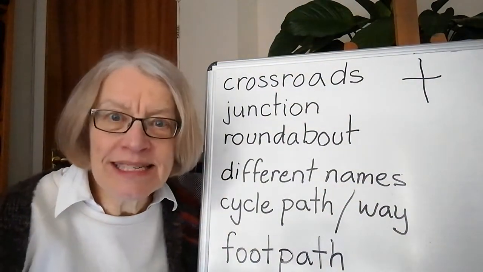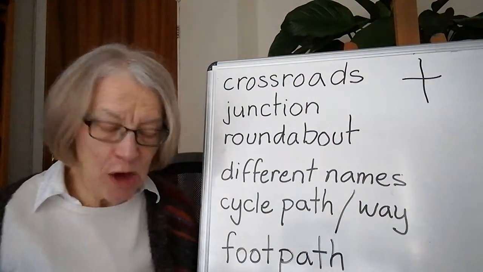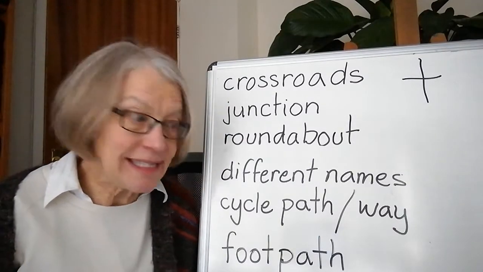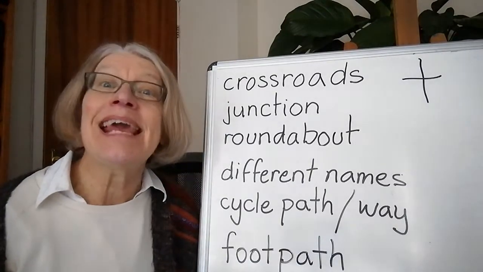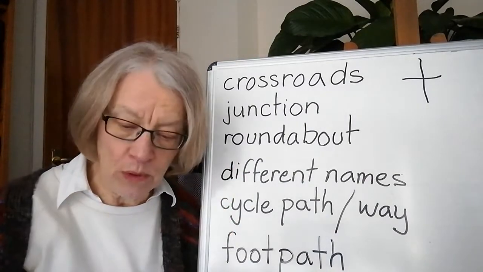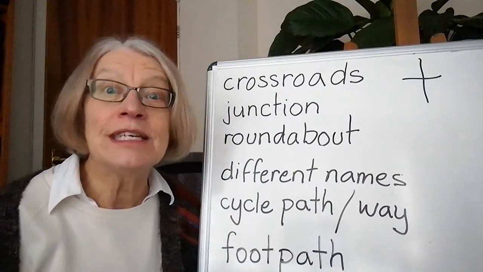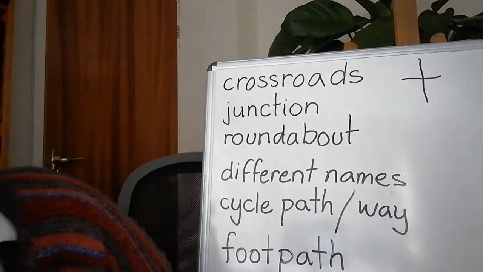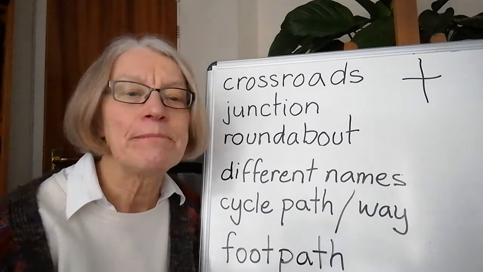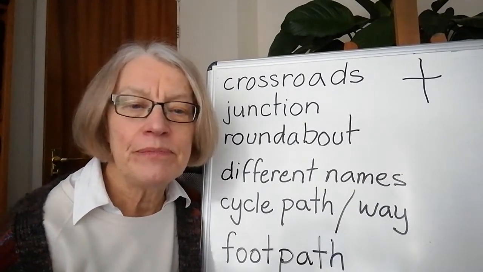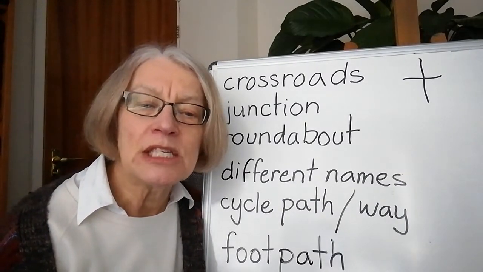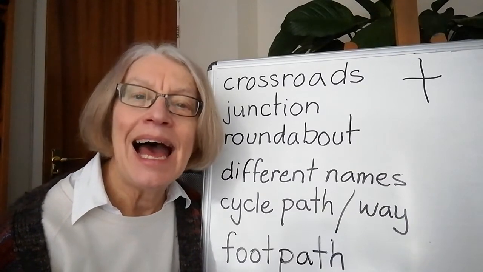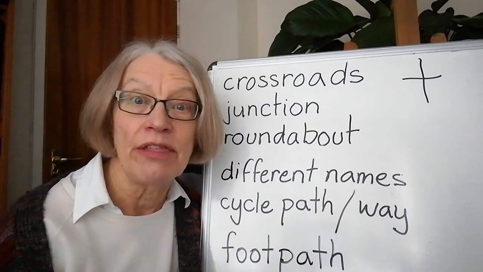So that's all I'm going to cover in this week's video, but I'm going to ask you some questions. And at the end, I'll put the email address on the whiteboard of where you can send your answers. So, listen carefully. Number 1. What do we call it where two roads meet and cross each other?